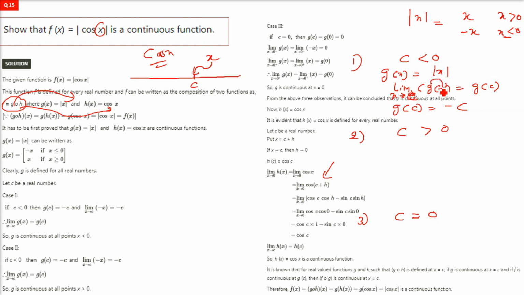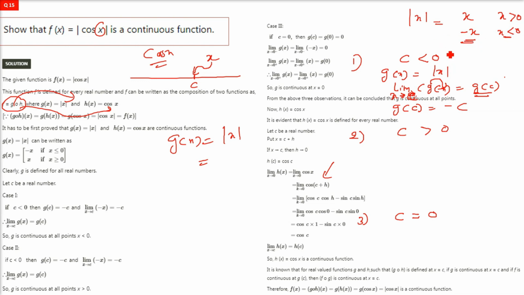Now g(x), modulus x, when x is approaching c and c is less than 0, so x is less than 0, it is going to be negative x.